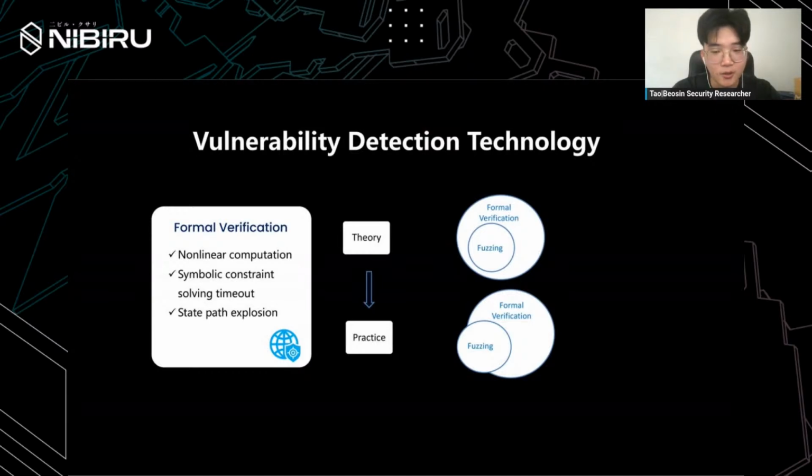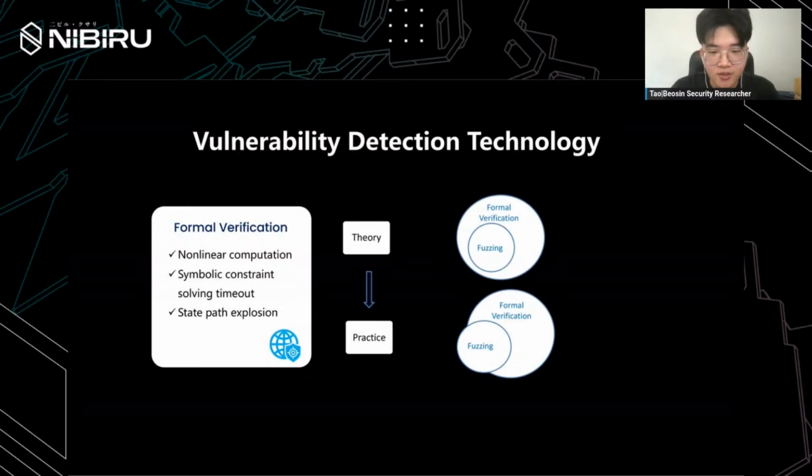It's almost impossible for us to use formal verification to analyze the code and find the bugs. So that's the performance issue of formal verification.